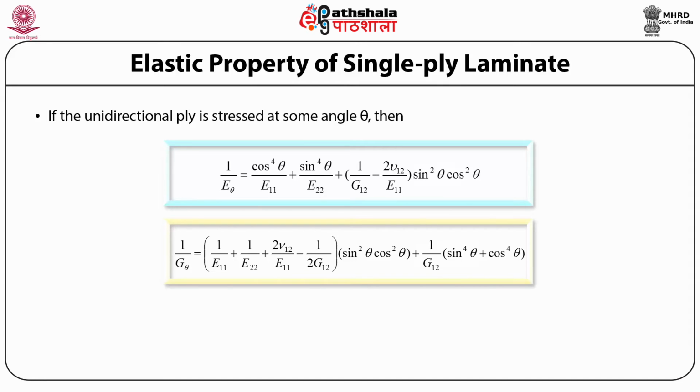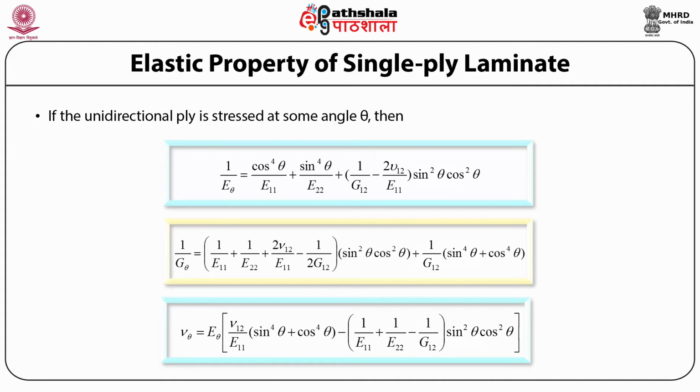The next equation for nu theta is nu theta is equal to E theta multiplied by bracket nu12 divided by E11 bracket, sine theta to the power of 4 plus cos theta to the power of 4 bracket close, minus 1 by E11 plus 1 by E22 minus 1 by G12 multiplied by sine square theta cos square theta, the whole bracket close.